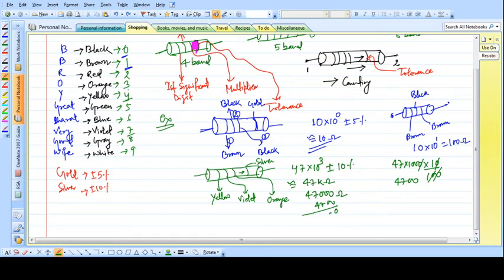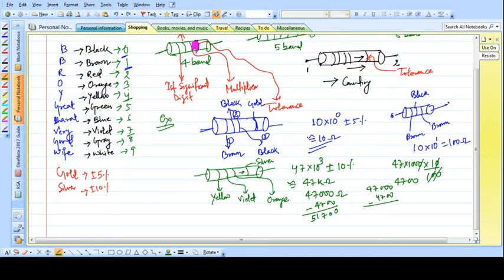47000 plus 4700, which is 51700, and 47000 minus this one.